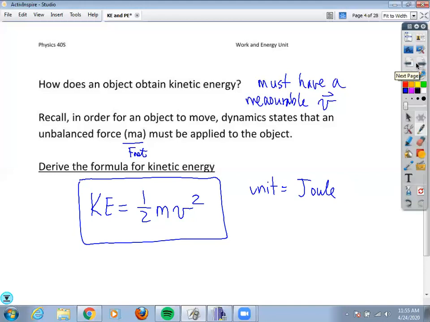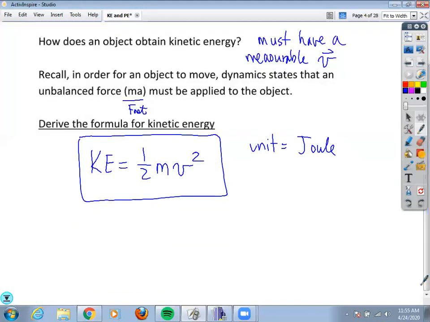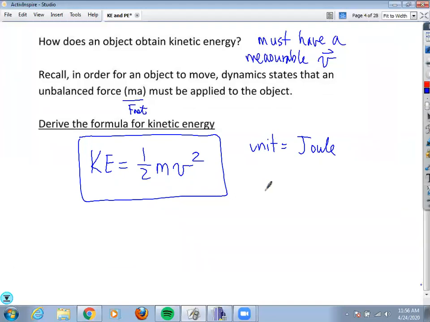Before we move on, it is necessary to note that the kinetic energy is directly proportional to the mass. It's also worth noting that the kinetic energy is directly proportional to the square of the speed. So if you double the mass, you double the KE. However, if you double your speed, then you actually increase the KE by a factor of 4. And that's why moving objects, as they move faster, can be more dangerous.